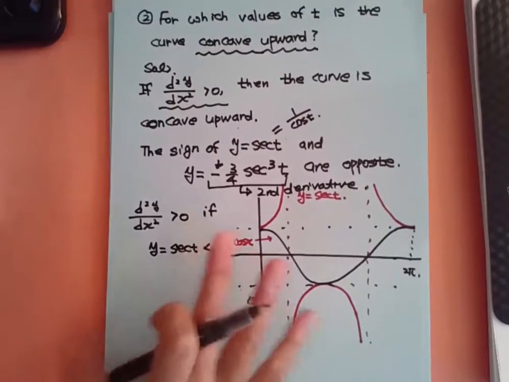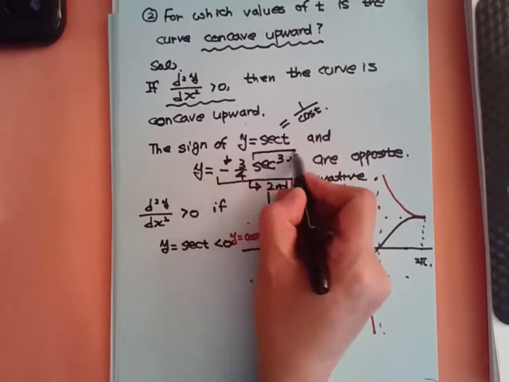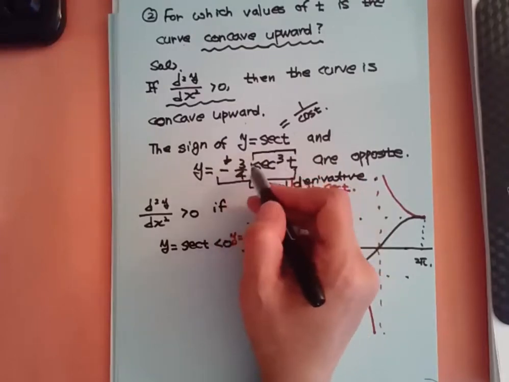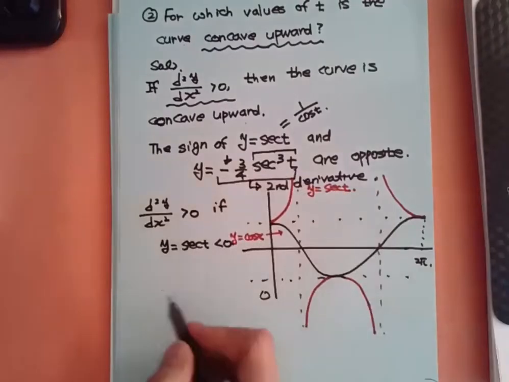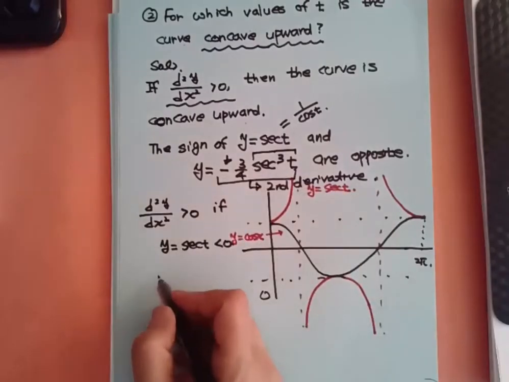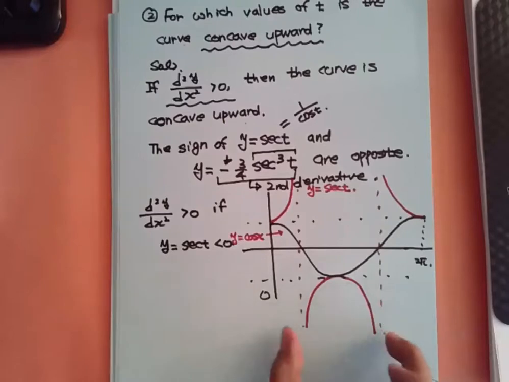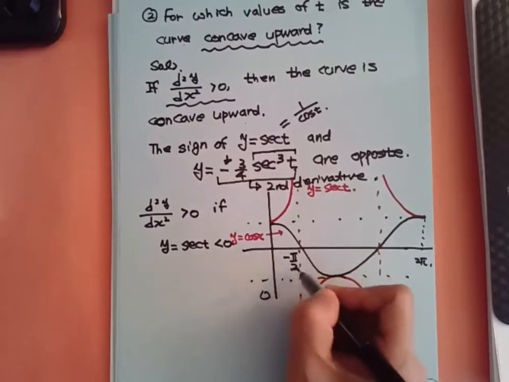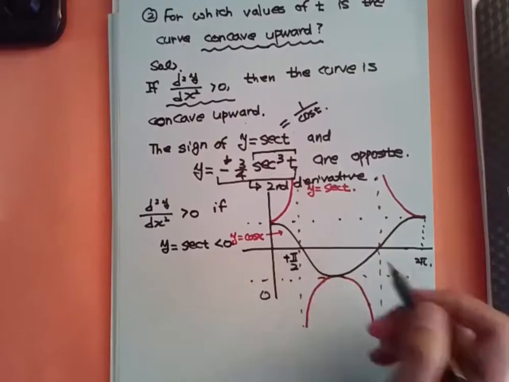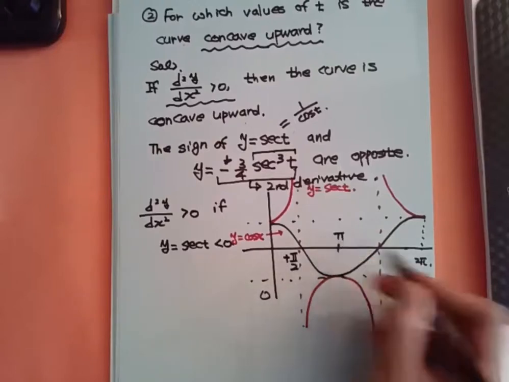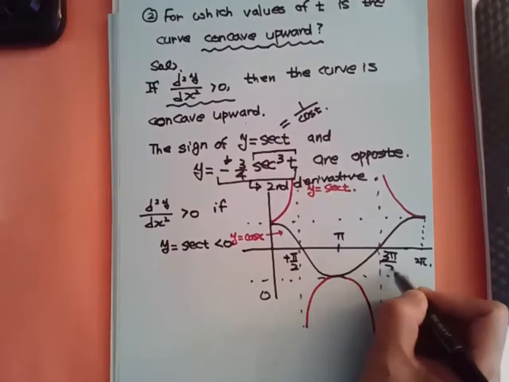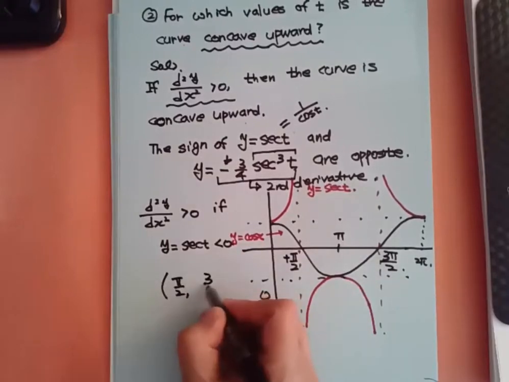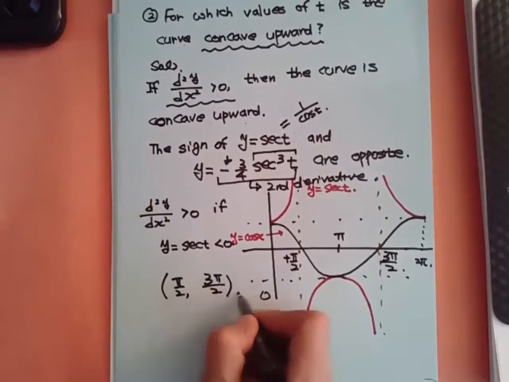So secant is negative, and then secant cubed is negative. Negative times negative will make positive. And so we look at the graph, and we find that this is pi over 2, this is pi, this is 3 pi over 2. So it is from pi over 2 to 3 pi over 2.